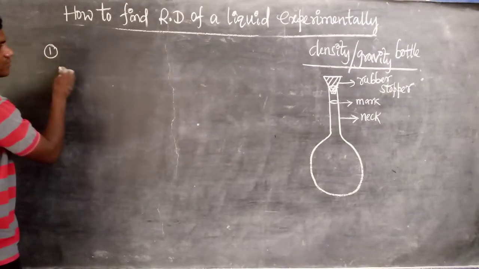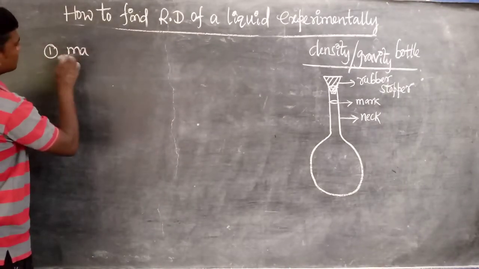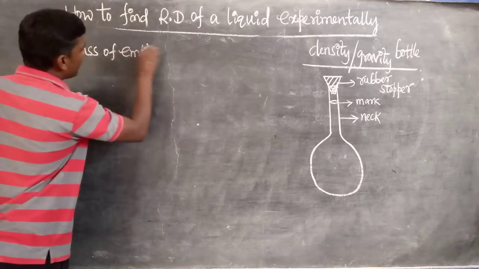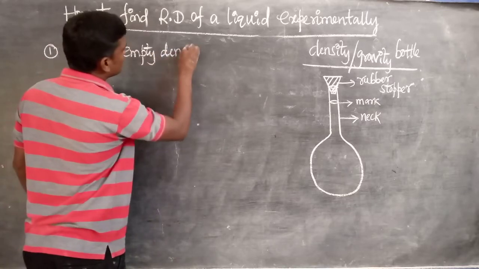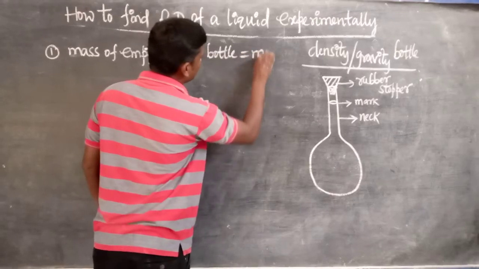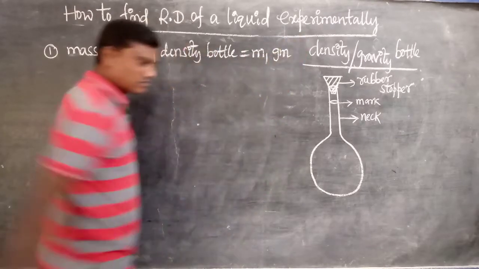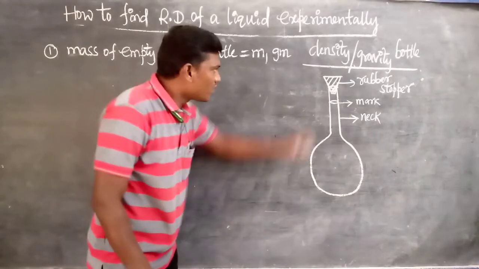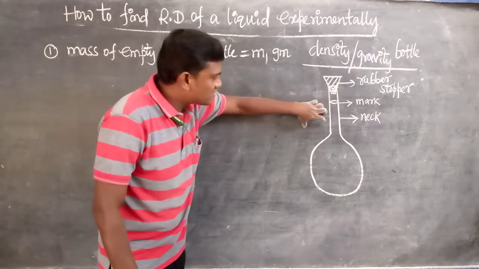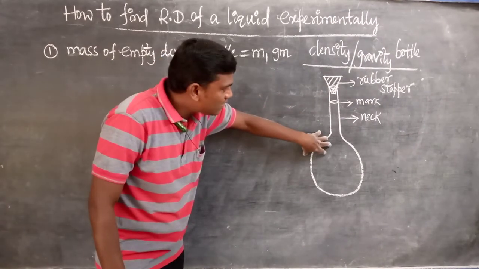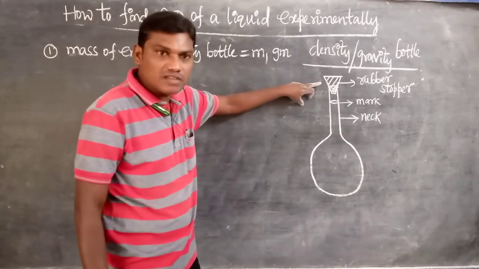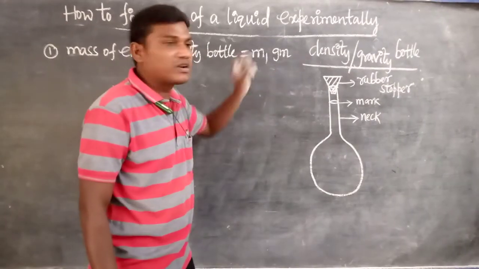So first one: mass of the empty density bottle is M1 grams. We measure the weight of the empty density bottle along with the rubber stopper, and note that its mass is M1 grams.